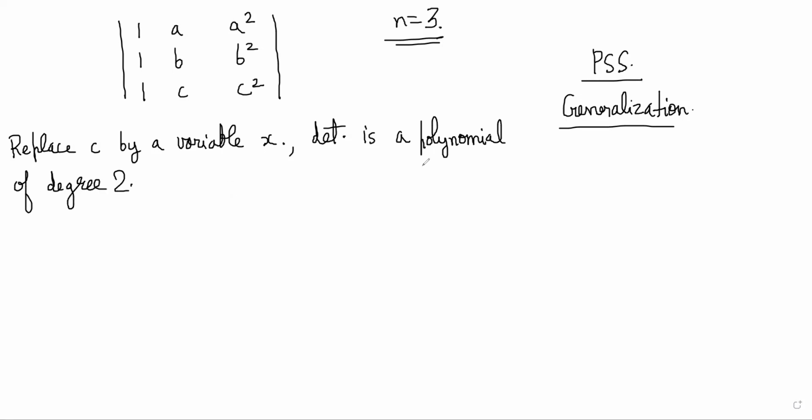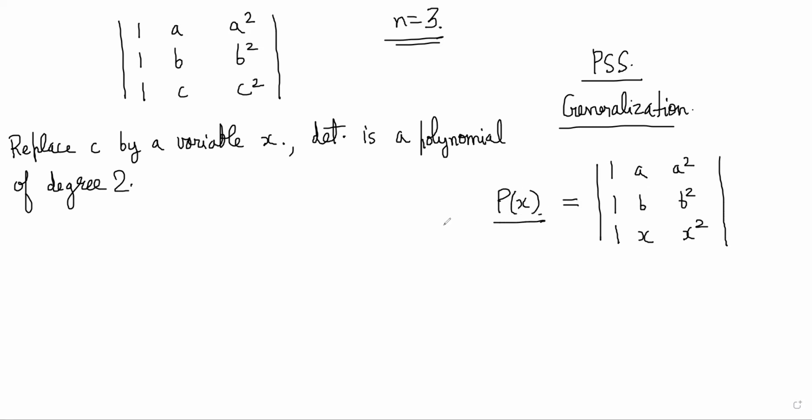You can see that easily: if you replace it by x, you get 1, a, a square; 1, b, b square; and 1, x, x square. I have replaced c with x, and it is clear that it will be a polynomial of degree 2. It will become a quadratic at the end. So this determinant is equal to some p of x, and p of x is a quadratic.